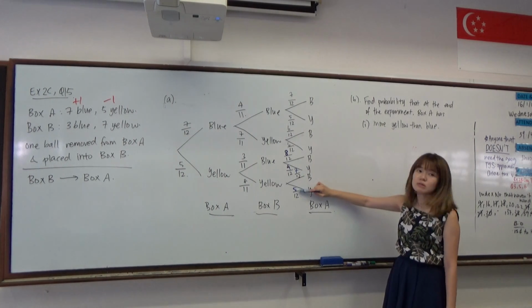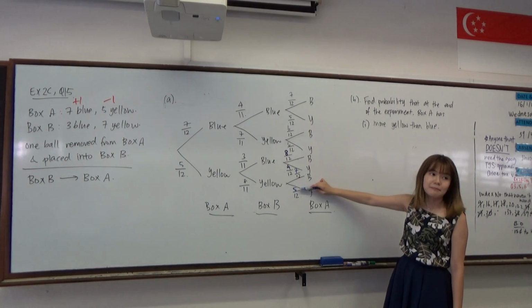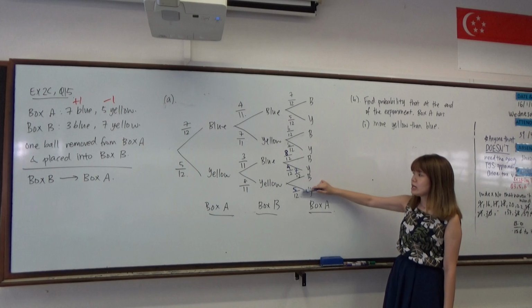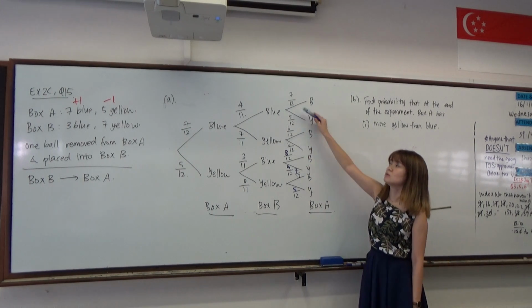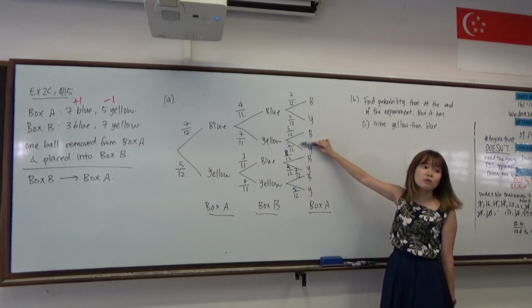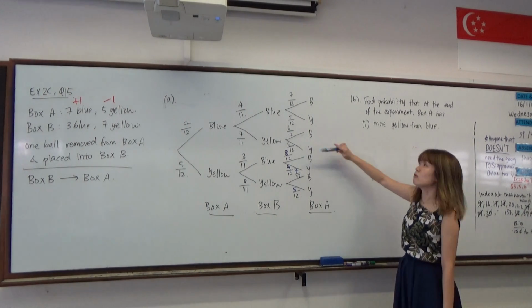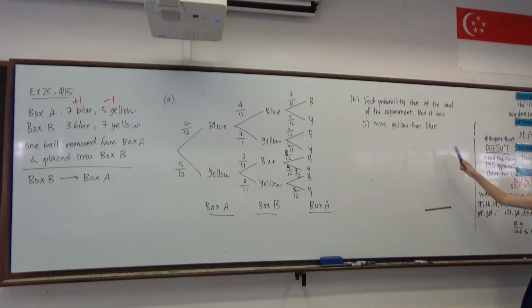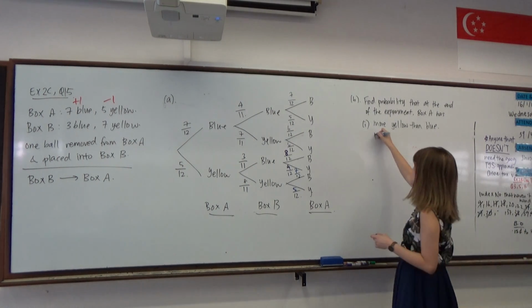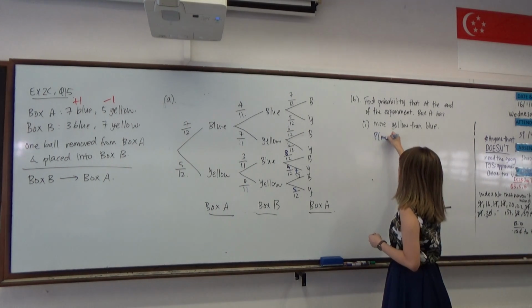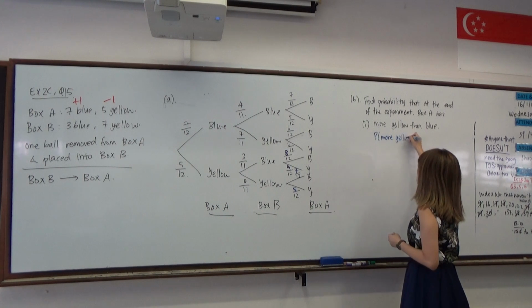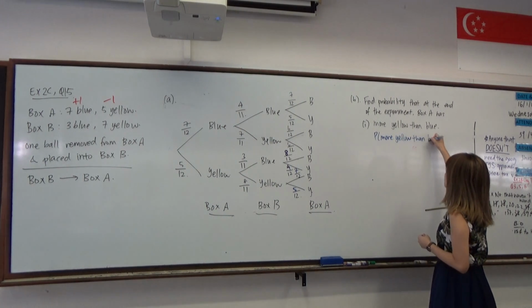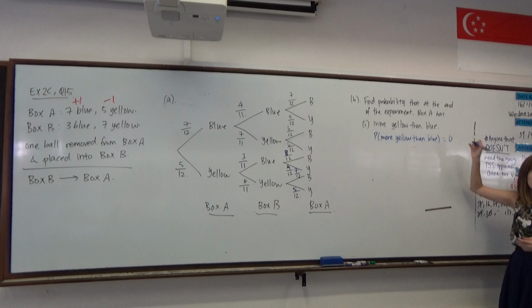You find that in the numerator, the number for yellow and the number for blue, right? Yellow is always lesser than blue. Otherwise, they're at most equal. So there will never be a situation whereby there is more yellow than blue. So in this case, the probability would actually be equals to 0.